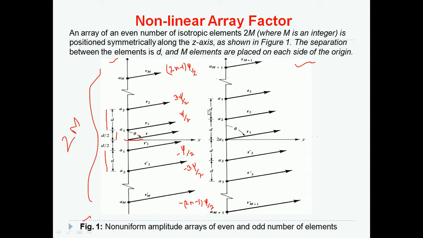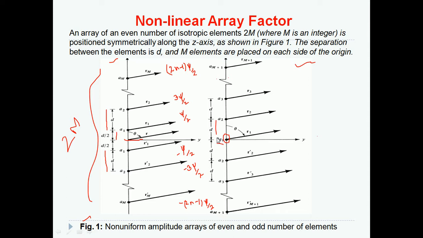This is all about the antenna array having an even number of elements. Now when we come to the right side, antennas having an odd number of elements, at the center of the origin we have element 1, that is A1, and its amplitude would be 2A1, and A1 and A2 are separated by a distance d.